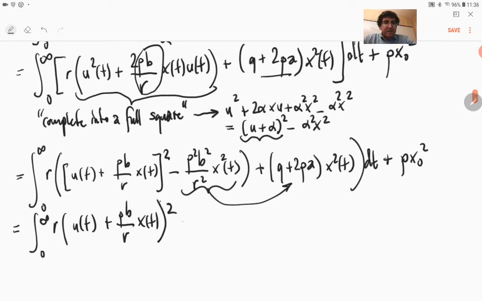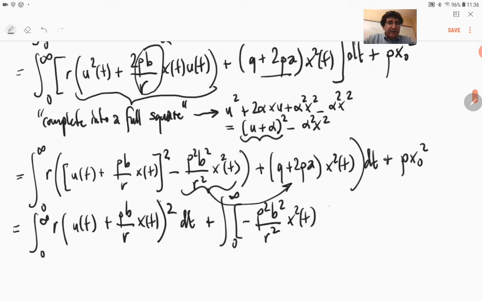Then let's finish this integral and divide it into two parts, where the second integral becomes minus p square b square over r square x square of t, plus q plus 2pa x square of t, dt, plus px0 square.